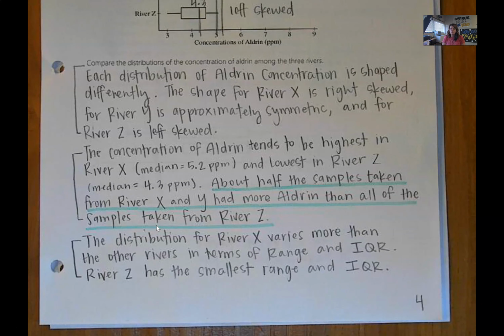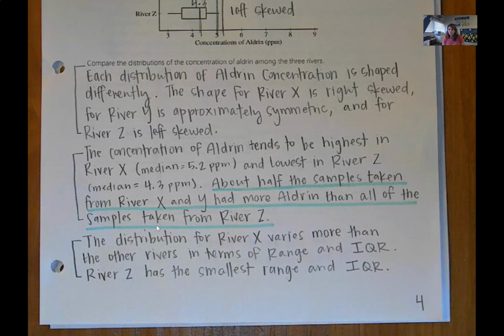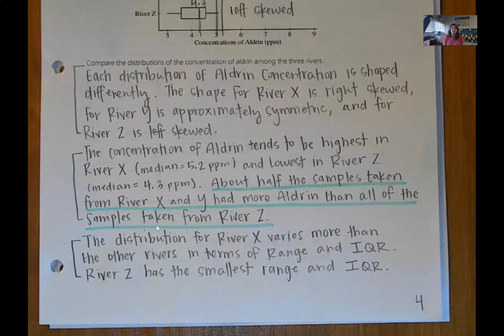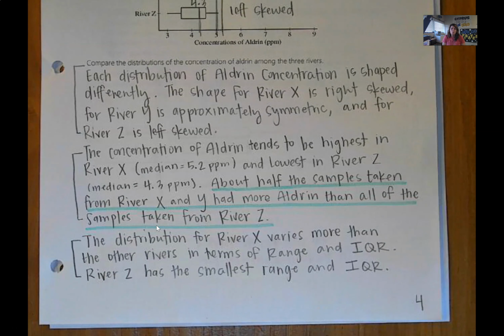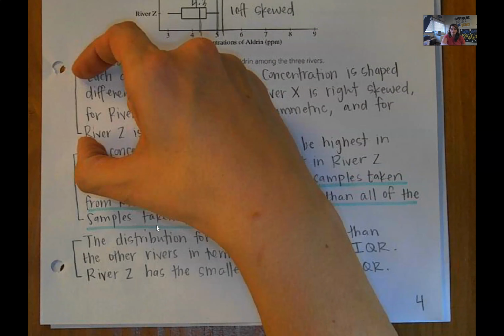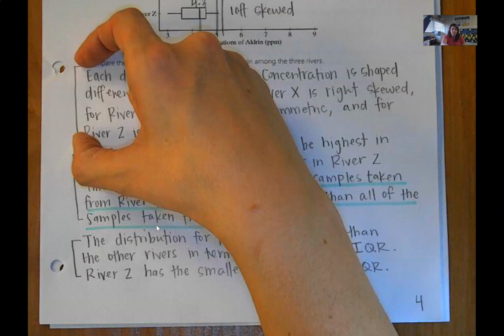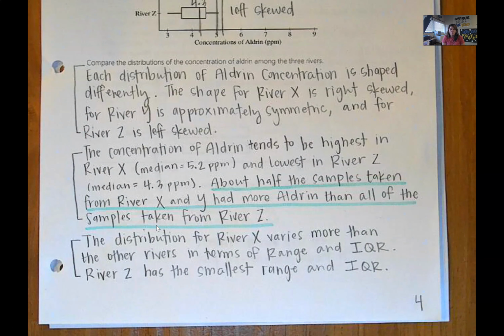Each distribution of Aldrin concentration, you don't just want to say they're all shaped differently. Be specific. Each distribution of whatever the problem is giving you is, and then continue. The shape for river X is right skewed, for river Y is approximately symmetric, and for river Z is left skewed. So I have chunked this on the side as my shape response.